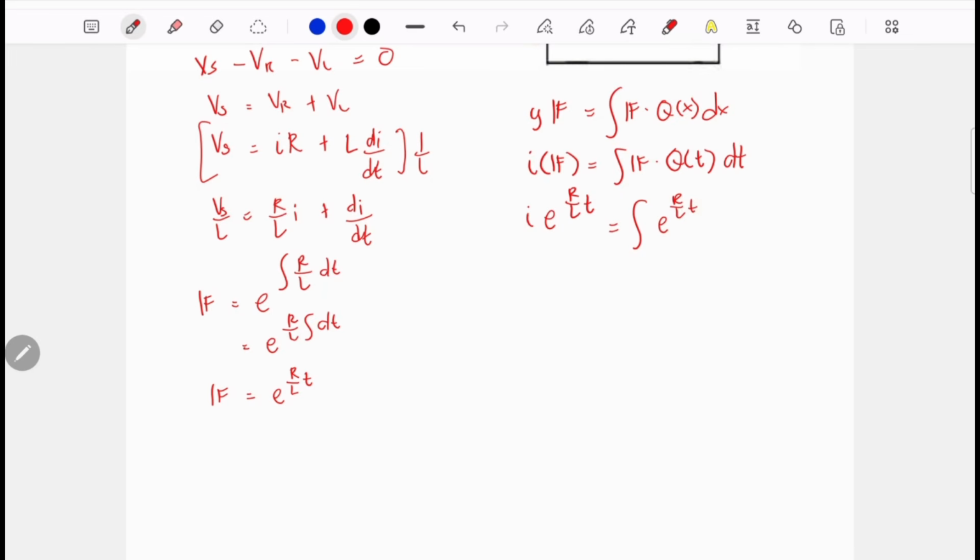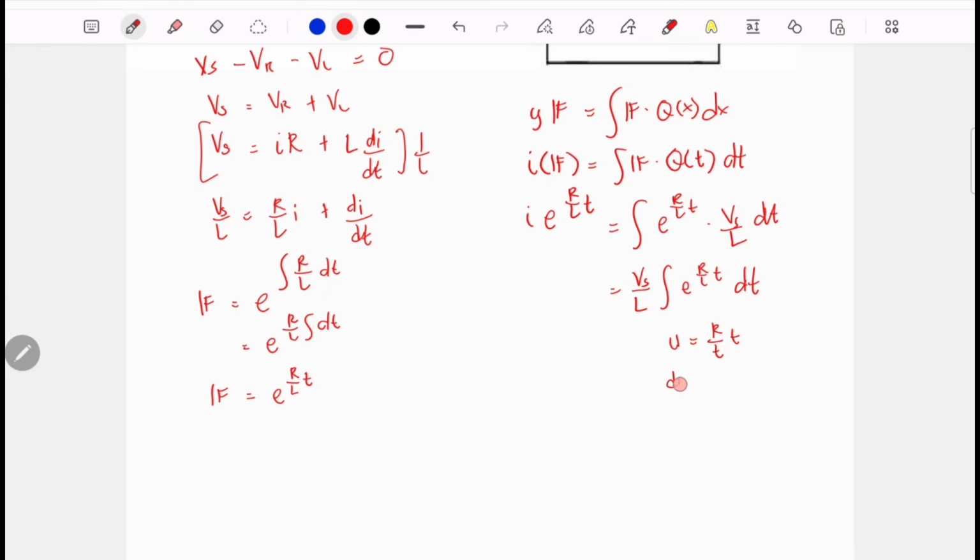Q of t is V sub S over L dt. V sub S over L is constant, so we take out the constant. V sub S over L integral of e to the R over L t dt. So we'll let u equals R over L t.